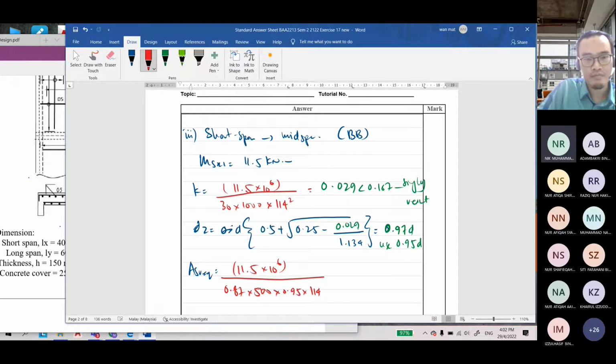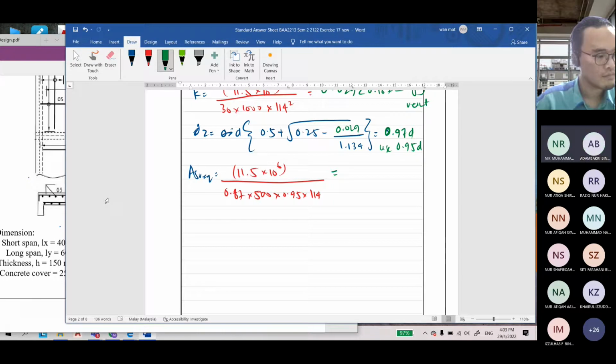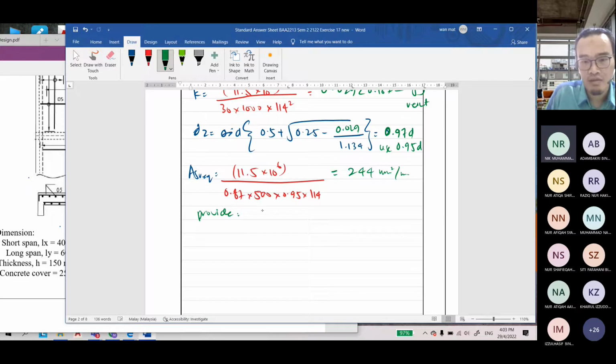So equal to 244 millimeter square per meter. So you provide, let's provide the maximum, let's say 1000 divided, you can refer to the table, and then you times the As 113, the area of steel, this is for 4H12.